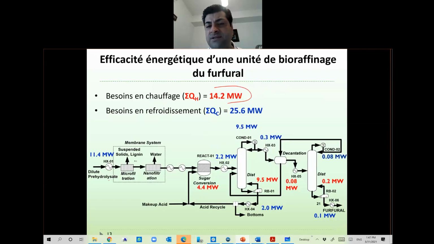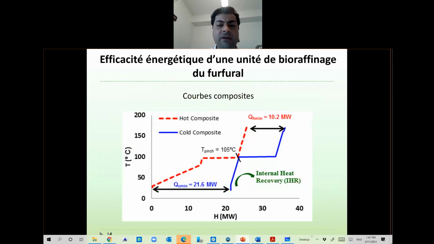Okay, if you match up these hot streams and cold streams to make your composite curves, you end up with this kind of curve that you see. You have one composite hot stream and one composite cold stream.